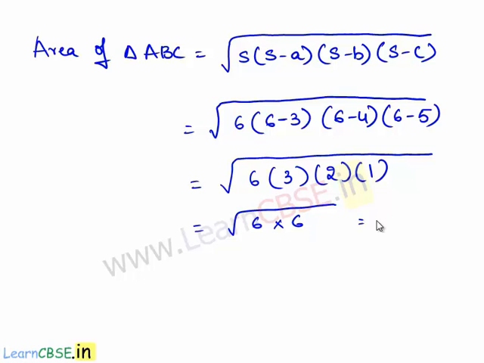So we have square root of 6 square is 6. Therefore, area of triangle ABC is equal to 6 centimeters square.